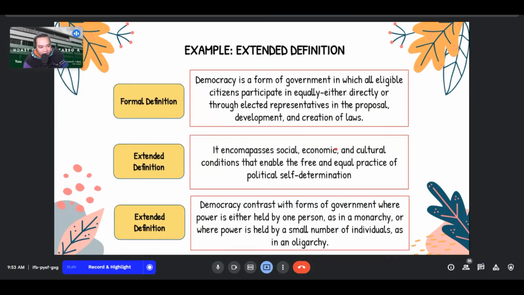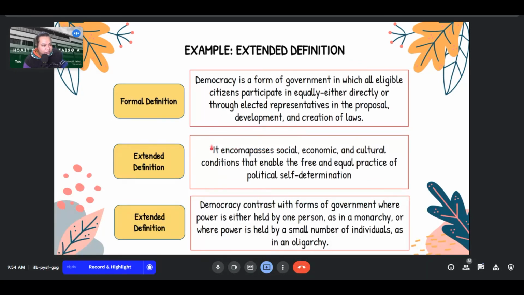Sa extended definition naman, ito, ayan. So democracy is a form of government in which all eligible citizens participate in equally, either directly or through elected representatives in the proposal, development, and creation of laws.